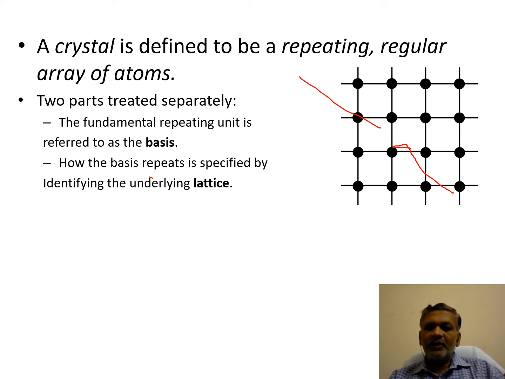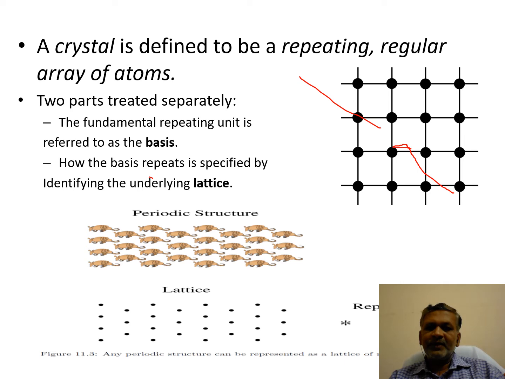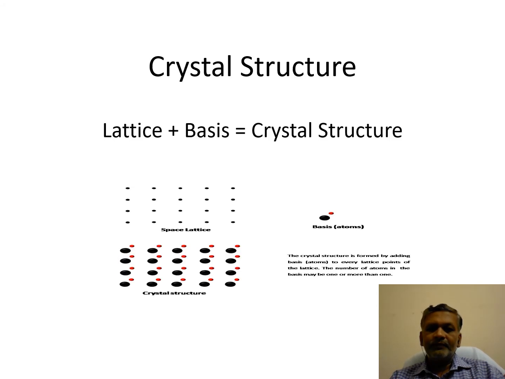Now we want to define what a crystal structure is. The lattice is a periodic arrangement of points in space. If you attach atoms, it becomes a periodic structure called a crystal structure. Attaching a lattice point with one atom, the black spots are the lattice points and the red spots are the atoms.